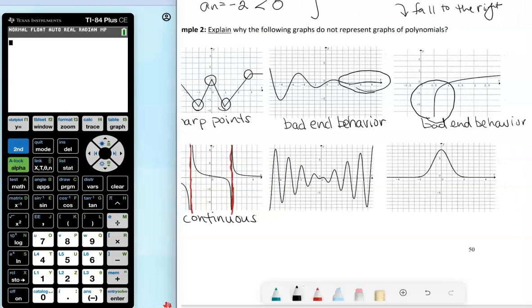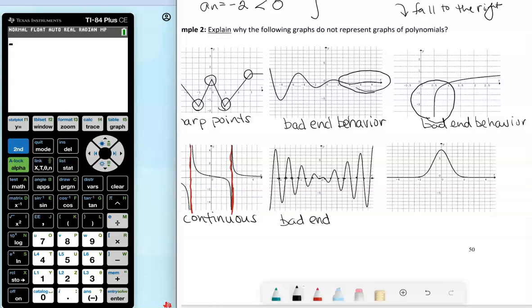On this one, we have an infinitely many zeros situation. You notice this function is going to continue to oscillate up and down. Even though its oscillations are getting further and further apart, it's still going to keep turning back towards the x-axis. So you could say the end behavior is not appropriate. So you could say bad end behavior.